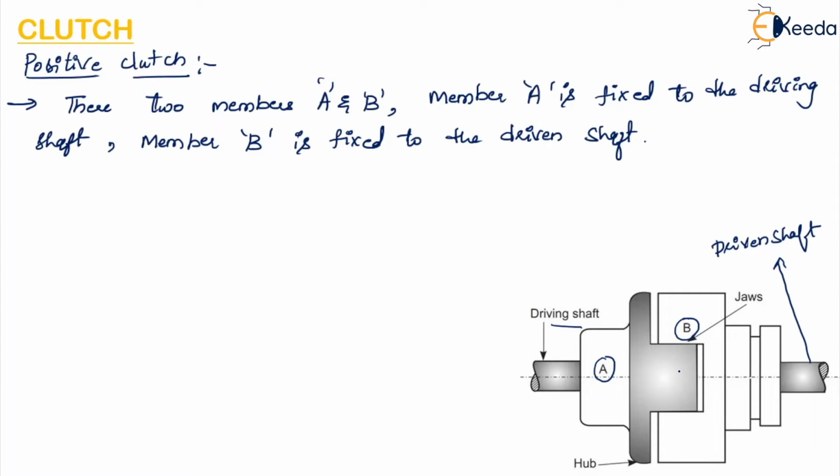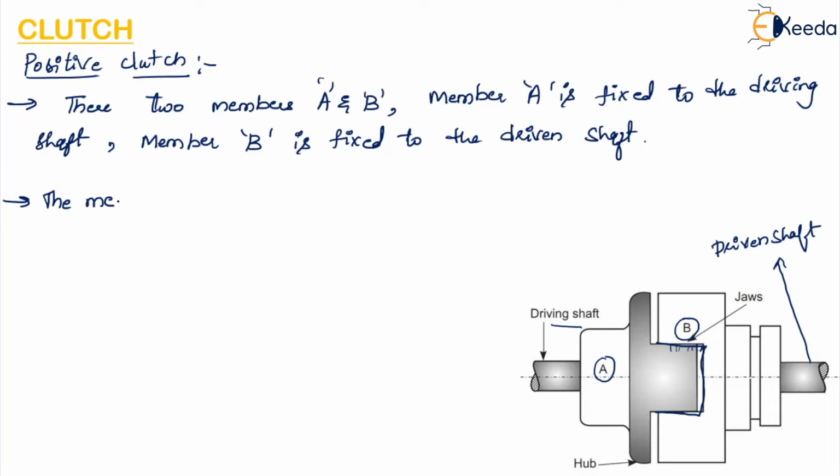You cannot see it, but there is a shifting device present here for member B. This shifting device will engage it by means of a square groove in the flange. So you can see there is a groove here. Okay, so this is the square groove, and there are jaws provided inside the member B.